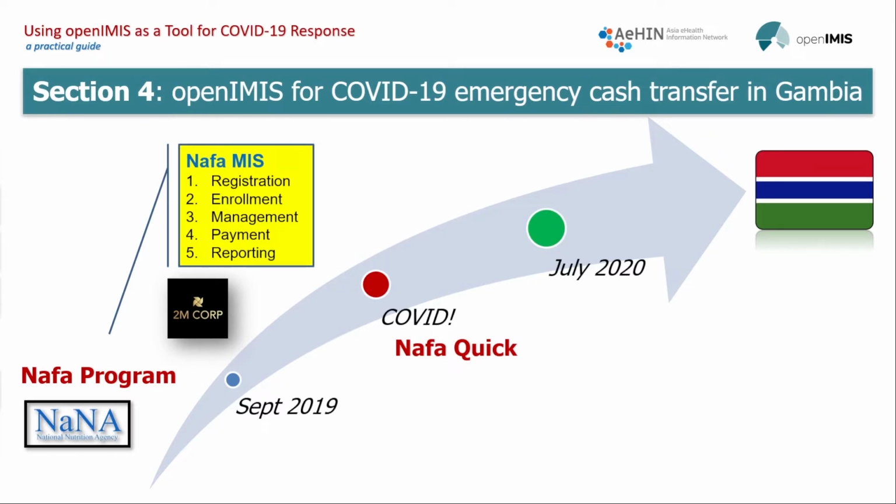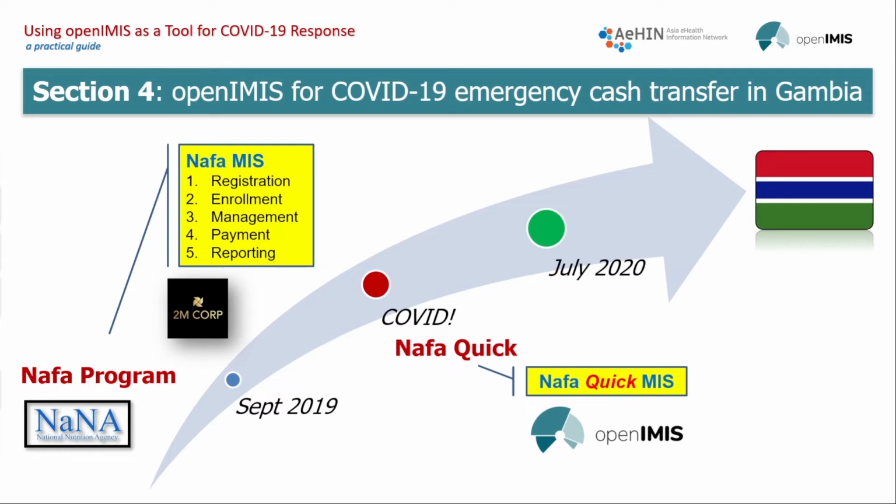2M Corp decided to use openIMIS to develop the NAFA Quick MIS upon learning of its functionalities. Some of the reasons for utilizing openIMIS as cited by 2M Corp include the following. openIMIS is open source. Information technology specialists are expensive and difficult to recruit in Gambia.